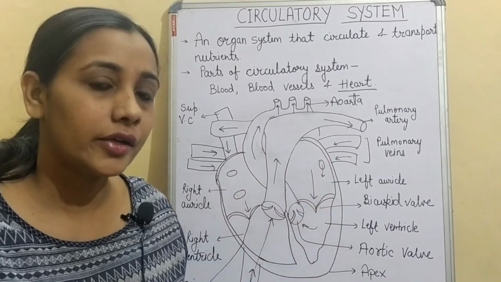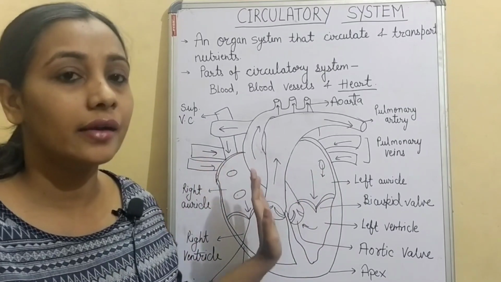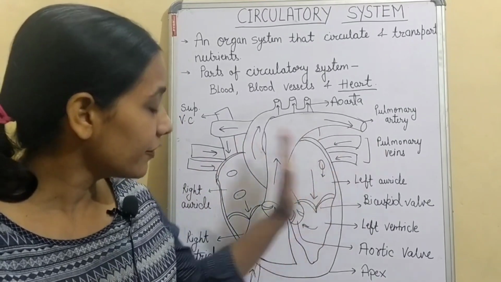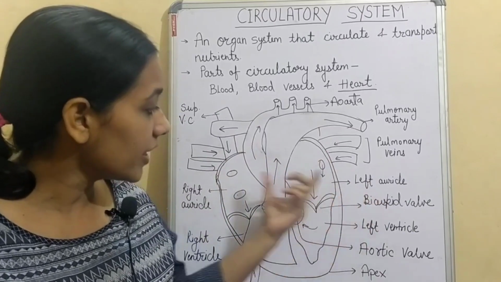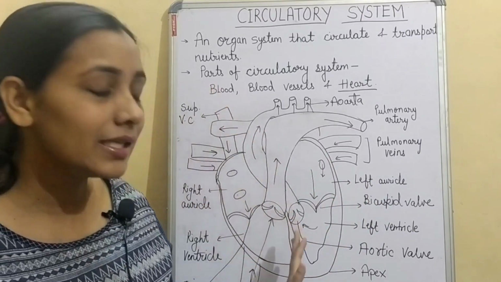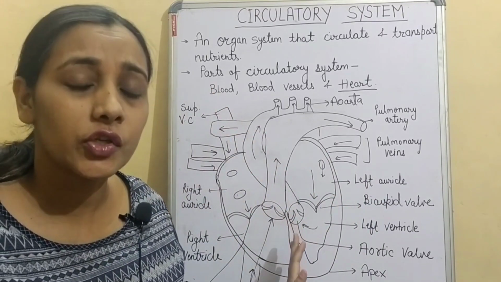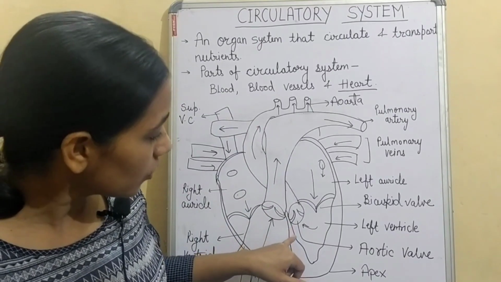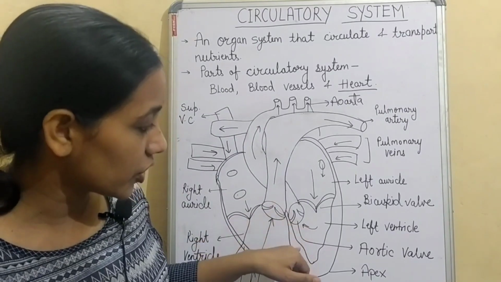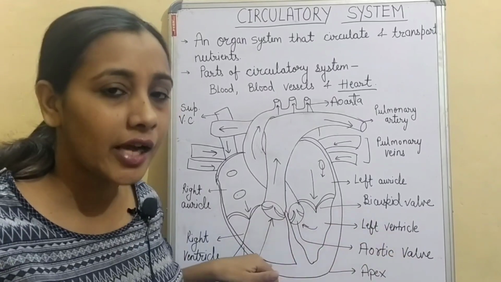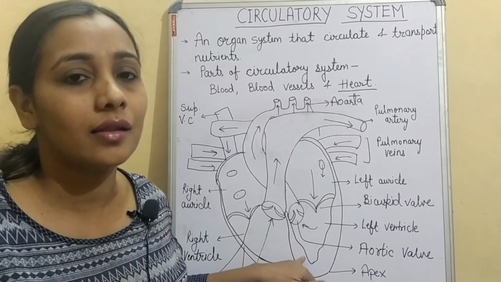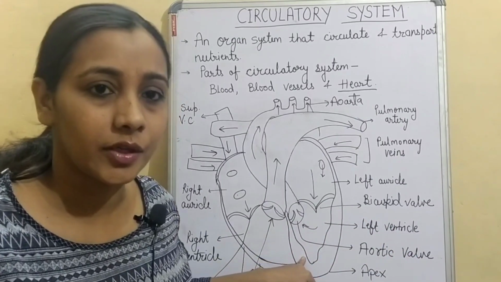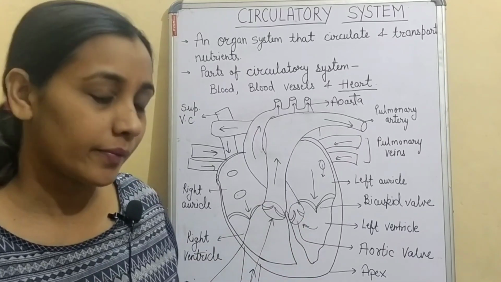Now heart is divided into left part and right part. So the left and right part are totally separated by a muscular septum. So here you can see a wall-like structure through which the left and right part are separated, and this is known as septum.